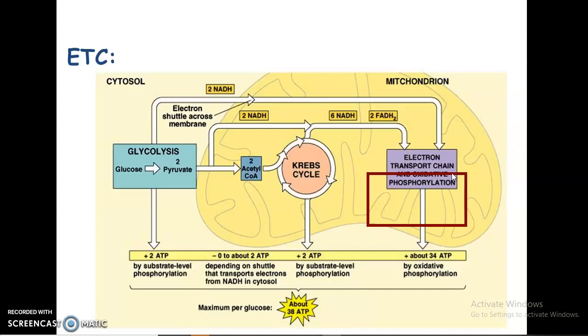Some scientists like to round up 2.5 to 3 and 1.5 to 2. So don't worry about the numbers; finally we will see the calculation and we will get 32 ATP from one glucose molecule.